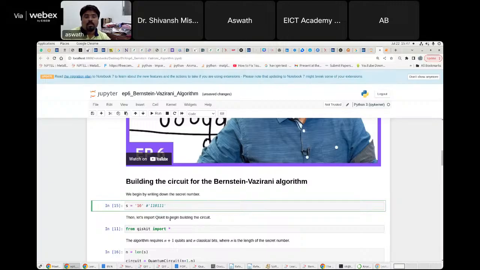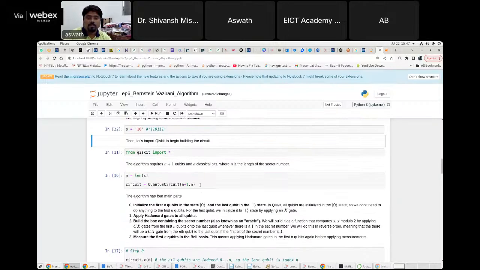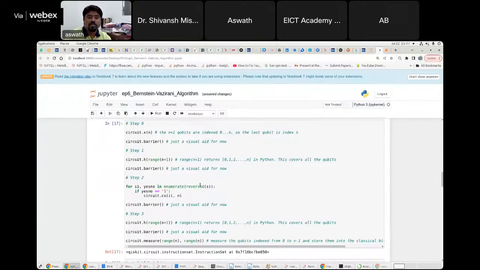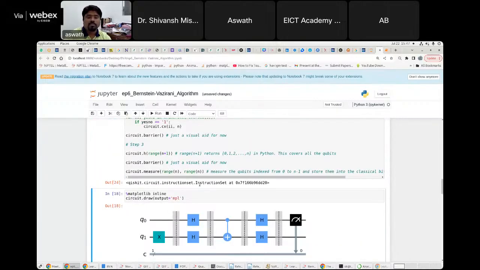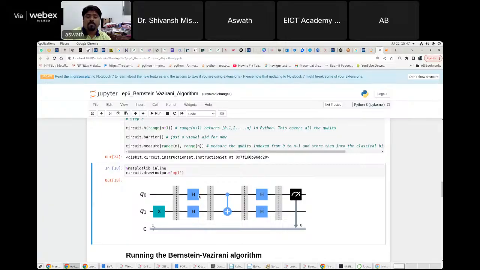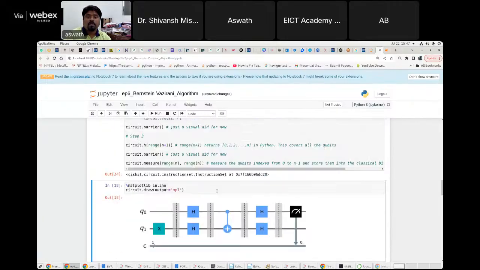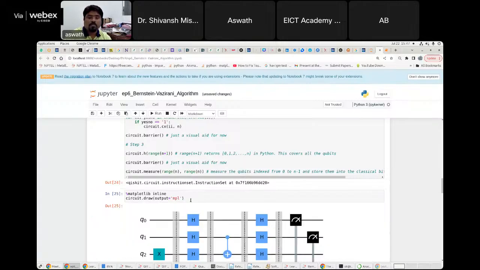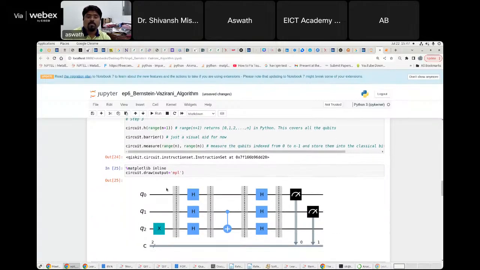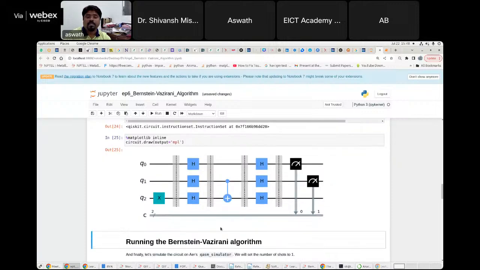Now let me give S, specify the circuit and plot the circuit. The circuit is plotted, with 2 S bits and 1 ancilla.